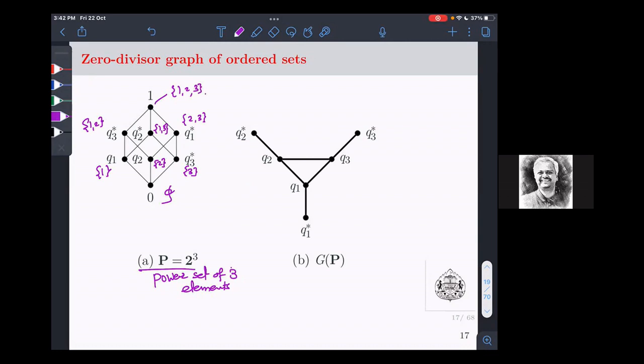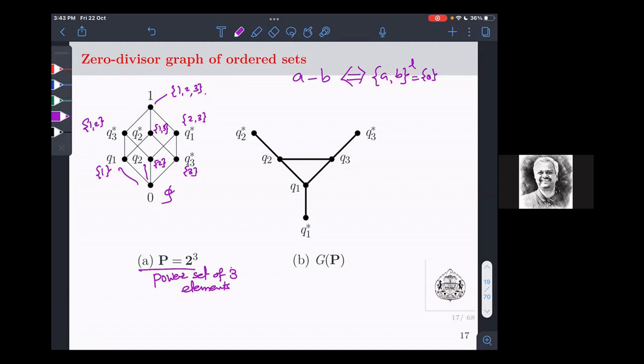Now, the adjacent figure is the figure of the zero divisor graph. Now you can see that Q1 and Q2, what is the lower cone of that? 0 is the only element which is below Q1 and Q2. And as far as the zero divisor graphs are concerned, what is the adjacency? A is adjacent to B if and only if the lower cone of A and B is 0.